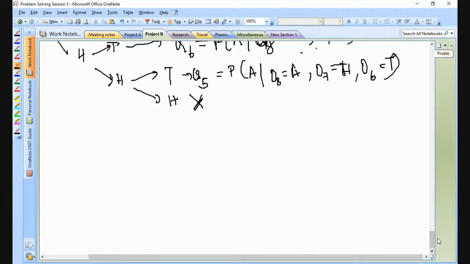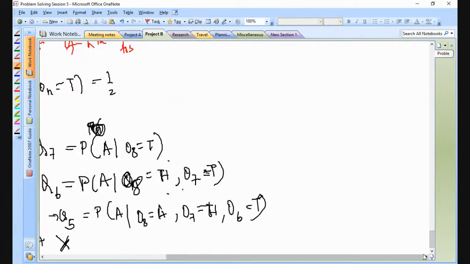Then how to write the entire probability? This is by the entire diagram.